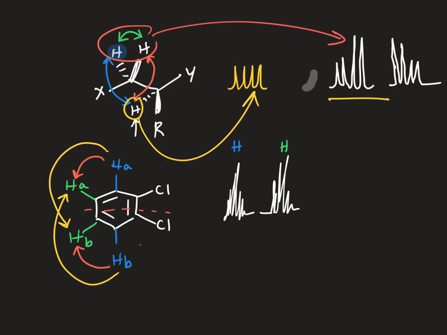It's a weird phenomenon called magnetic inequivalence. There's a bunch of examples in our book. The best analogy I can give is if you had two sets of identical twins marrying two sets of identical twins. Their relationship through marriage is the same, but the relationships between the in-laws is different, even though they're genetically identical to one another.